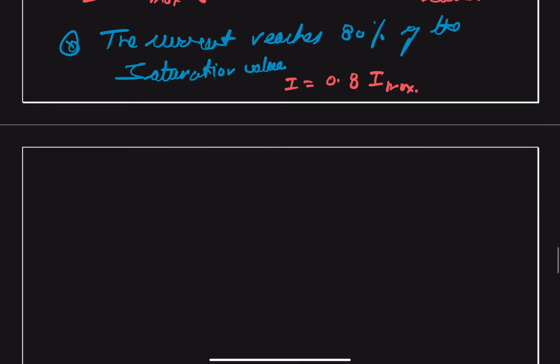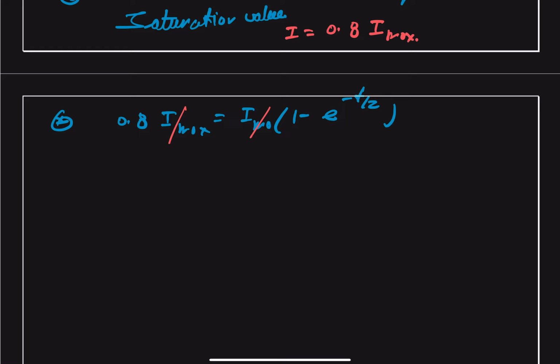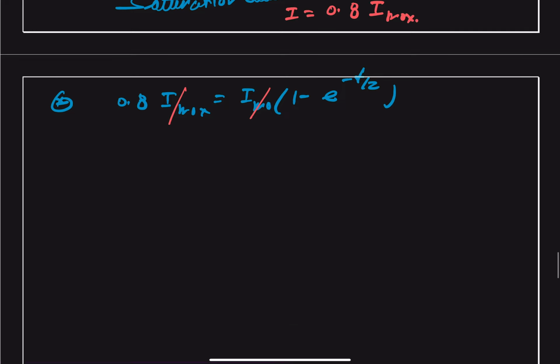So we substitute the values, we get 0.8 I max equals I max times 1 minus e raised to the power minus t divided by tau. I max and I max cancel with each other, and we can simplify and write that e raised to the power minus t upon tau will be equal to 1 minus 0.8, which comes as 0.2.